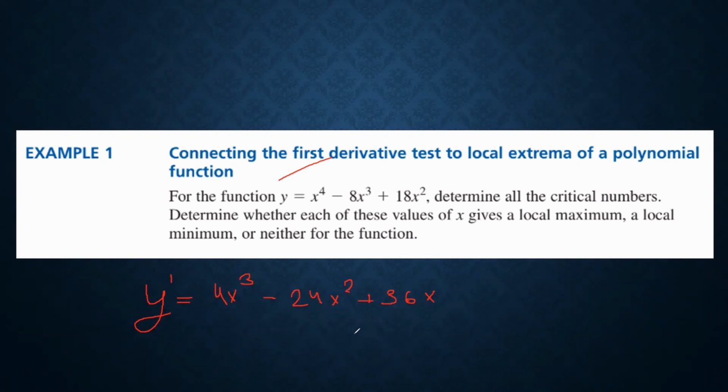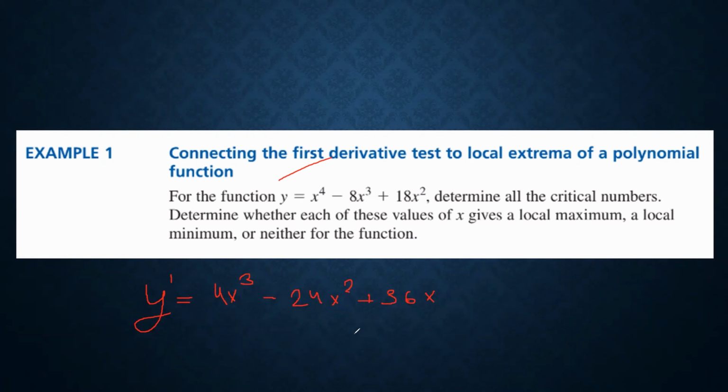Here I can clearly see that I have x as a multiple in every one of them. Furthermore, I have 4 as a multiple in every one of them. So I'm going to factorize it by 4x. In the brackets, I'm going to have x squared subtract 6x plus 9.